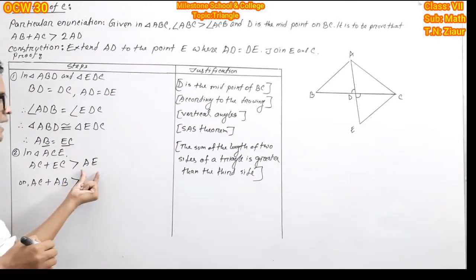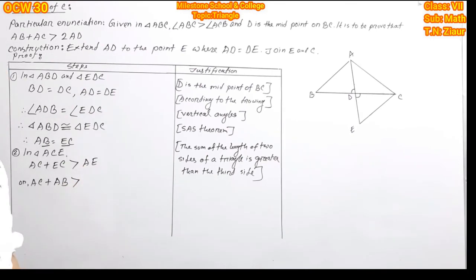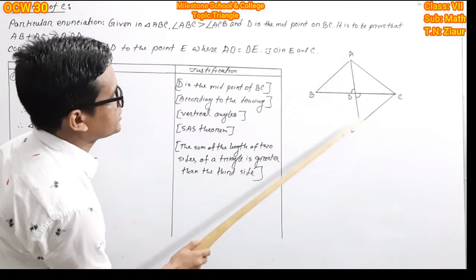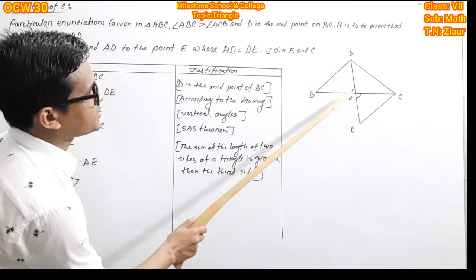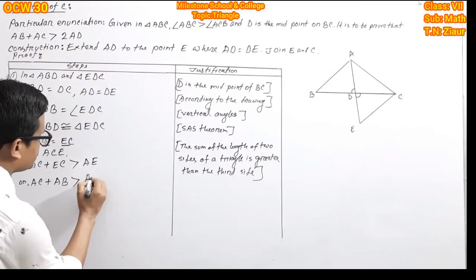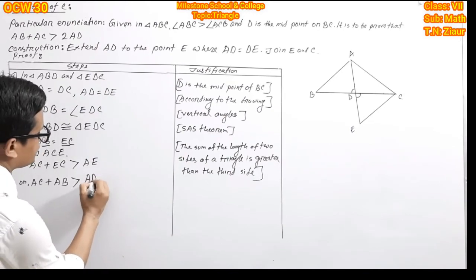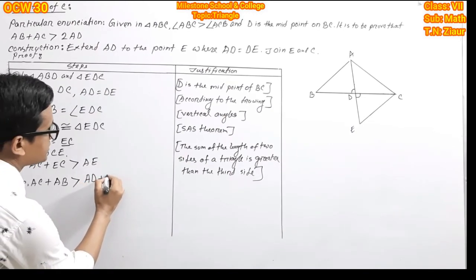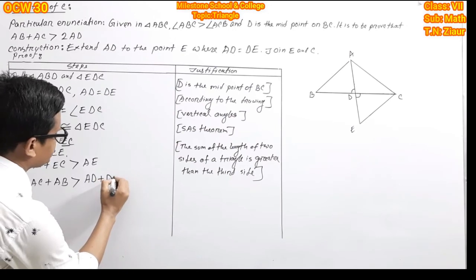And students, AE is equal to what? We can write AE is equal to AD plus DE, right? So now write AE is equal to AD plus DE.